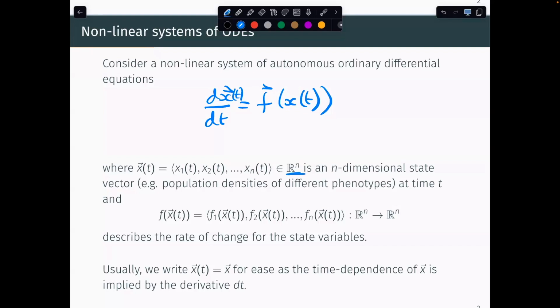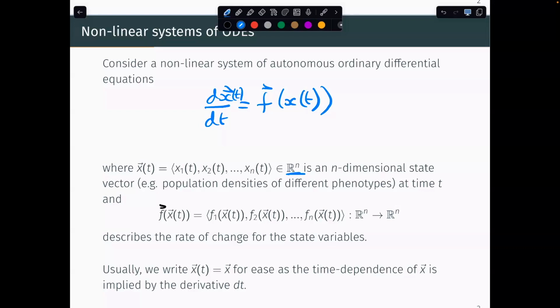And then this function here, this is f. Again, it's just some function that maps the current population at time t to the population instantaneously soon afterwards. So the instantaneous rate of change for this population. This tells us what the change in our population is going to be for each of these different classes, if you like.